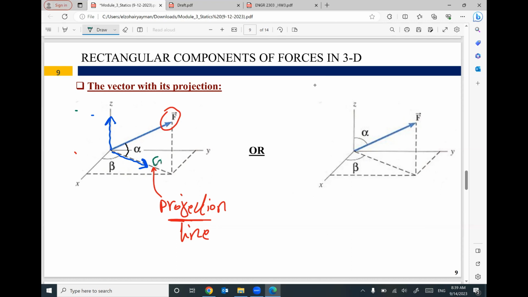This one will be cosine because it's adjacent to the given alpha. And the other one will be sine alpha. So you have F cosine alpha and F sine alpha. This is the first step.